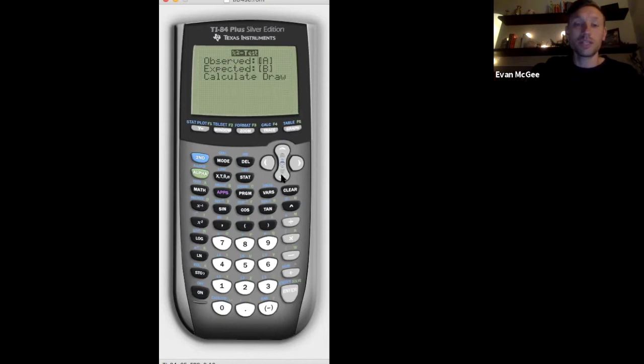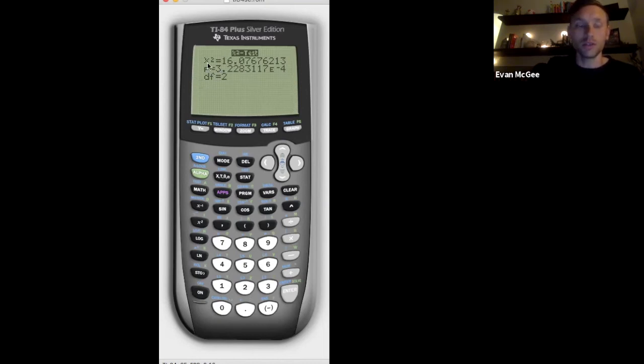Matrix A is the observed values. It will put the expected values in B. So I'll hit calculate, and I'll copy the chi-square test statistic, p-value, and degrees of freedom onto the notes. But notice the p-value is not 3.228. It's got this e to the negative fourth, so it's 0.0003228. So it's a small p-value here.